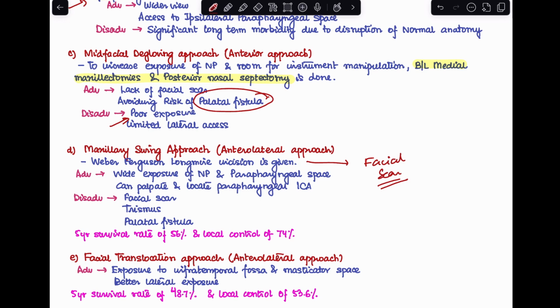So the advantage of this approach is that we are getting a wide exposure of the nasopharynx as well as the parapharyngeal space. But the disadvantage is we are ending up with a significant morbidity because of the anatomy being disrupted. We have a facial scar over here, and the patient may even have trismus. The 5-year survival rate of this approach is 56% and local control is 74%.